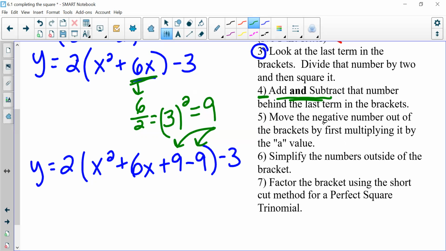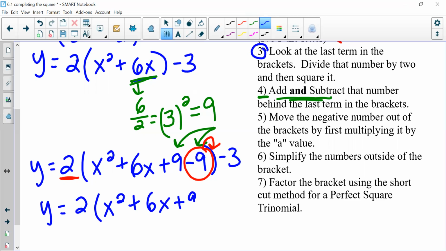Now, step number 5 says move the negative number outside of the bracket, but remember to multiply it by the a value, because this 2 is multiplying to everything inside of my bracket. I'm going to leave in the positive 9, but I'm moving out the negative 9. And negative 9 times 2 is negative 18.